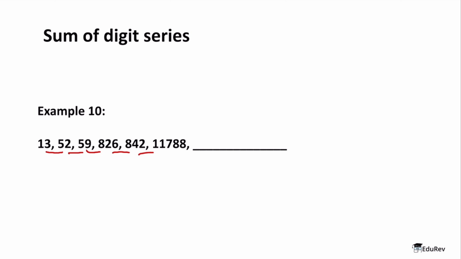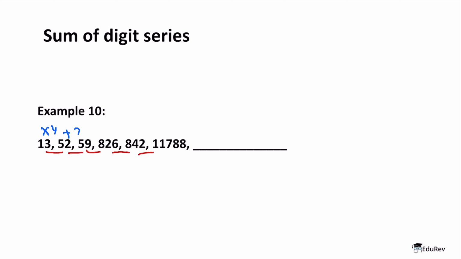Now let's look at it. This means that this kind of series has a mix of multiplicative series and difference series. Let's understand it. From 13 to 52, the best way to jump is by multiplying by 4, while from 52 to 59, the best way is to add 7.